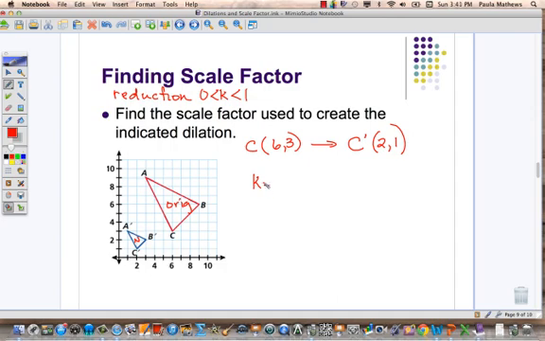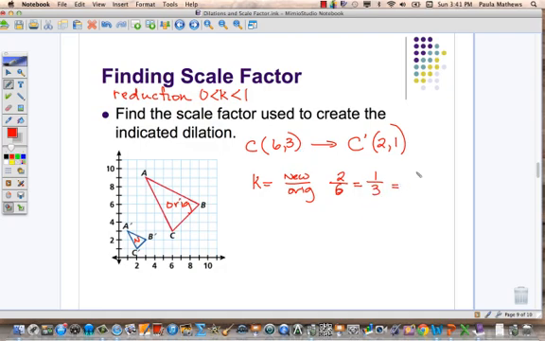So again, my scale factor is the new over the original, and so I'm going to use my ordered pairs. Again, let's take x's. So I'm going to do 2 is to 6, so the new x to the original x, and that must be the same as the new y as the original y.